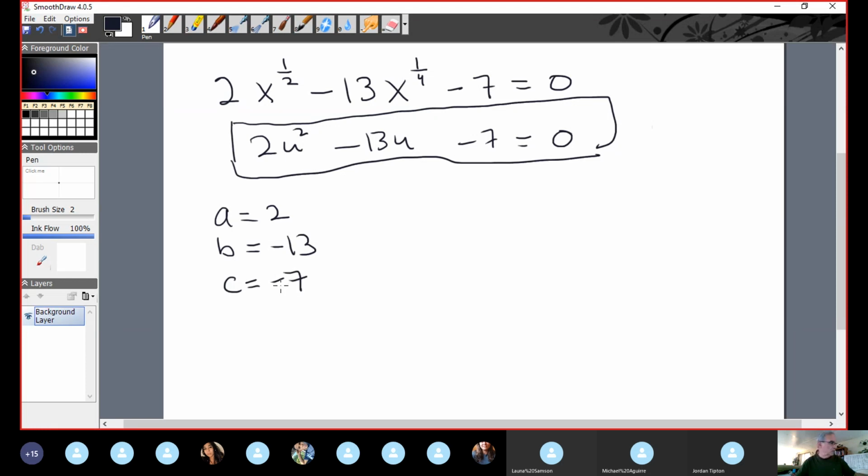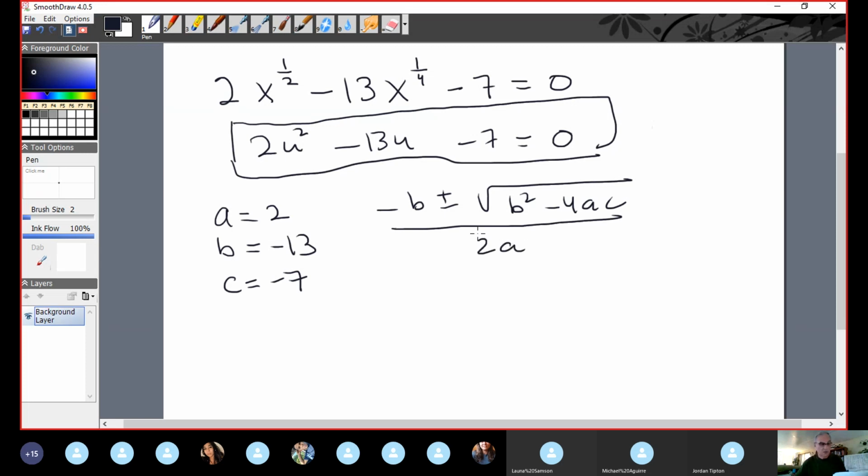So the formula is minus b plus or minus the square root of b squared. I suppose nobody will ask me any more about this formula, because we have used it a lot in the last class and this class.